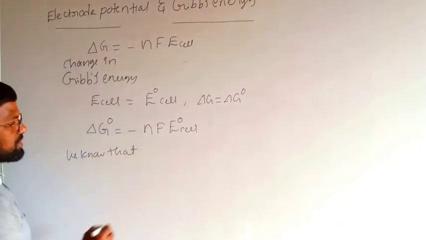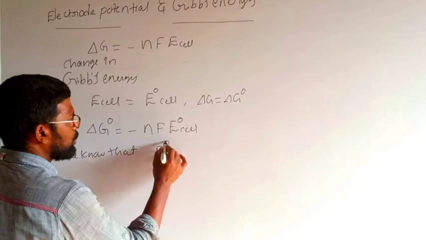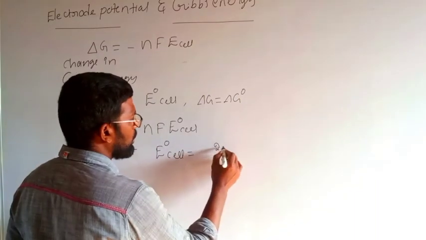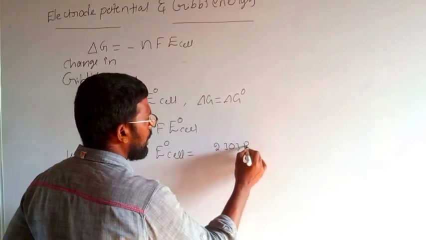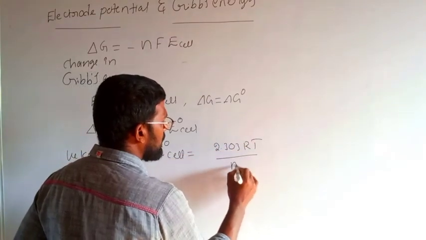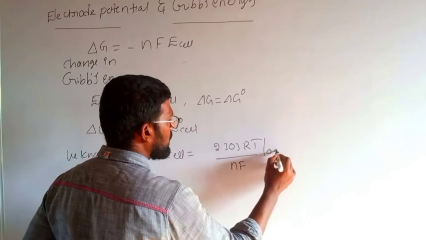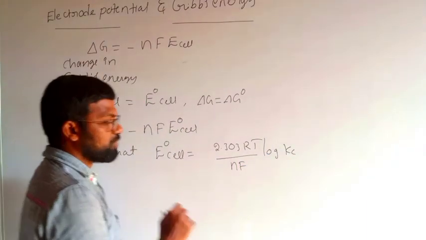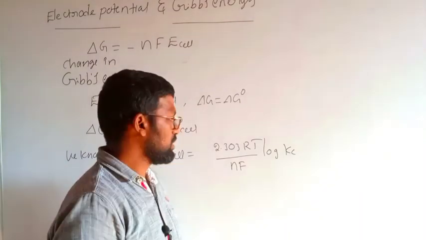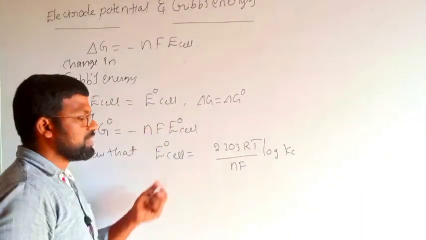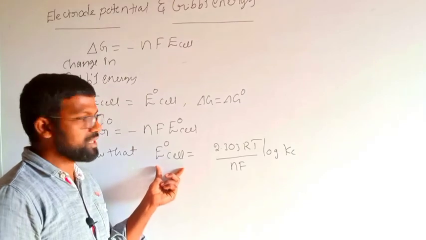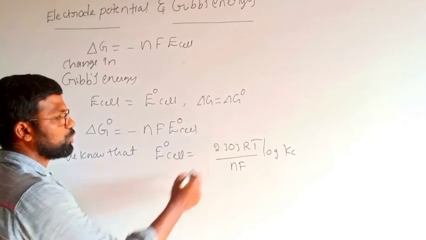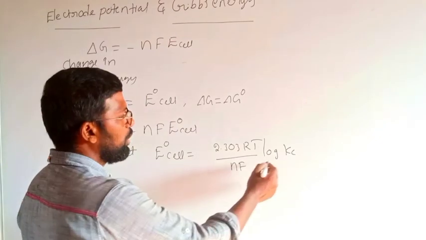from the previous discussion, the standard electrode potential of the cell is equal to 2.303 RT by nF log Kc. This was the small relation we discussed just before this, that is the relationship between standard electrode potential of the cell and equilibrium constant: E naught cell is equal to 2.303 RT by nF log Kc.